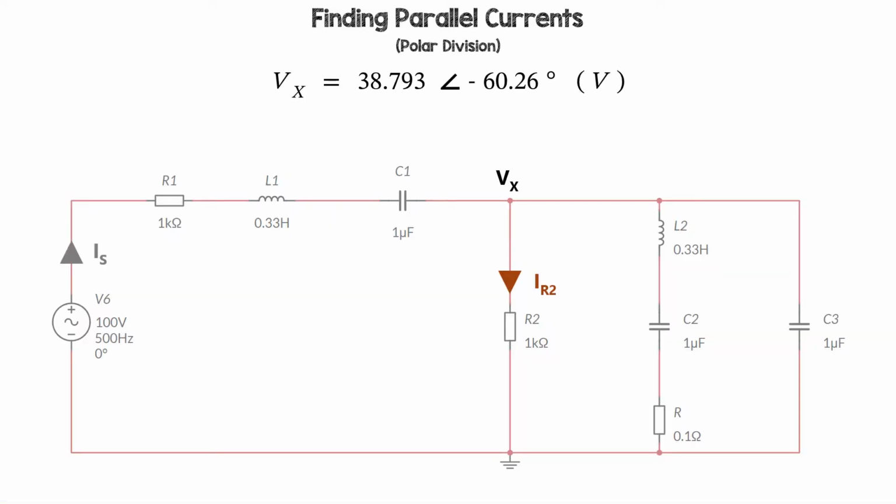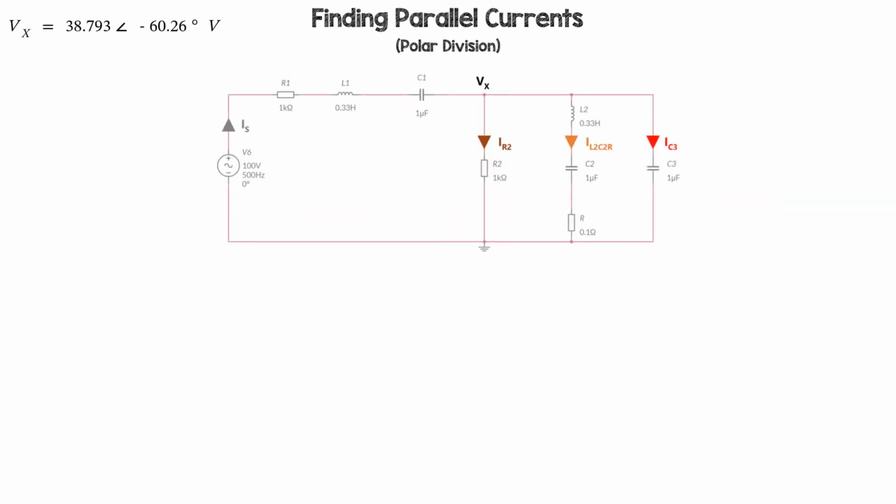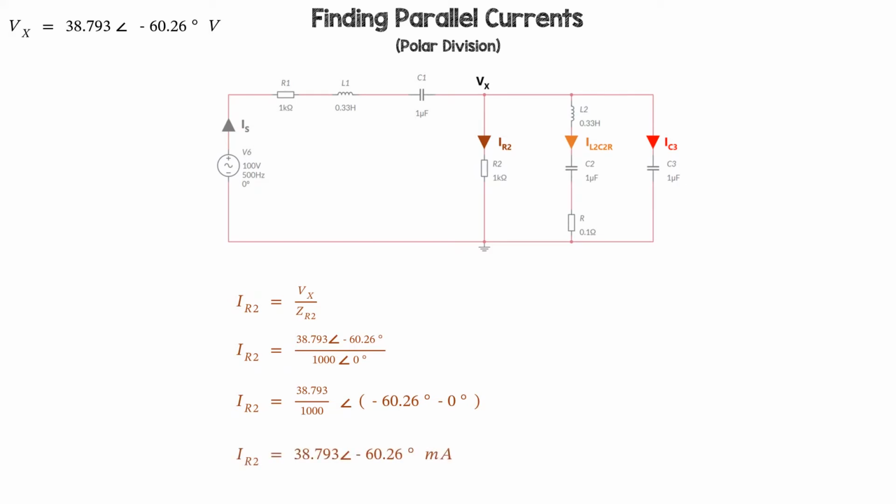Now we can find the currents because we know the voltage across the parallel branches. Current is voltage over impedance. So the current through R2 is the voltage across it divided by its resistance. So IR2 is 38.793 milliamps at an angle of minus 60.26 degrees.